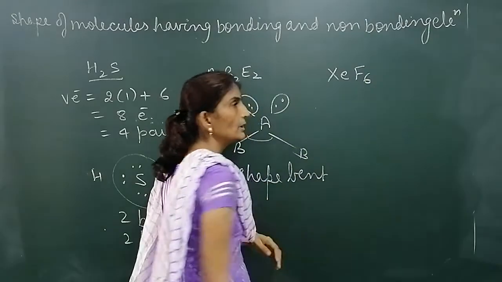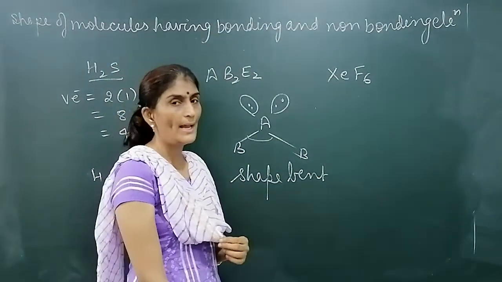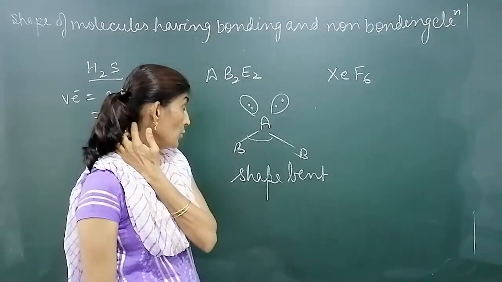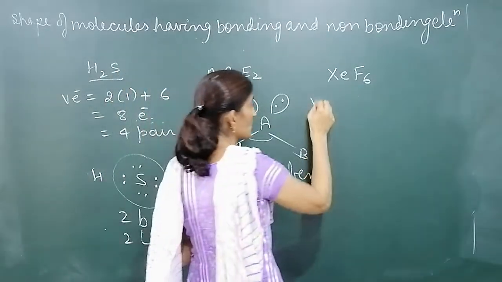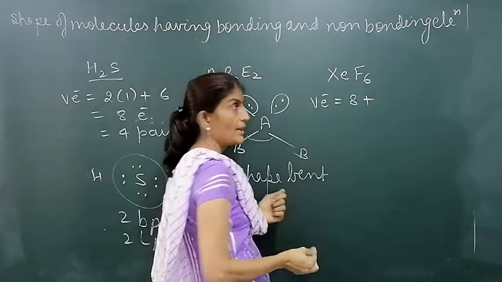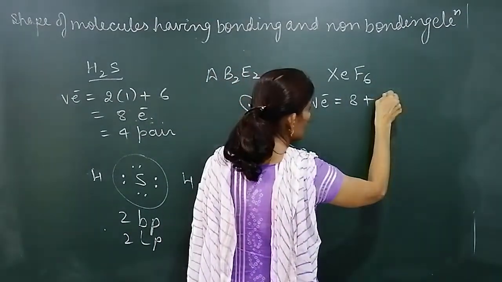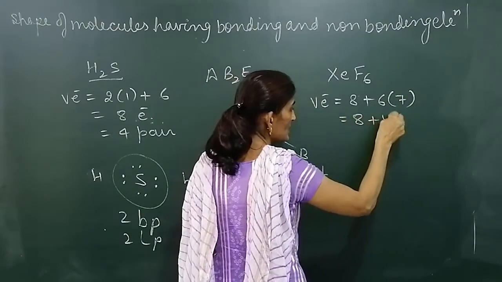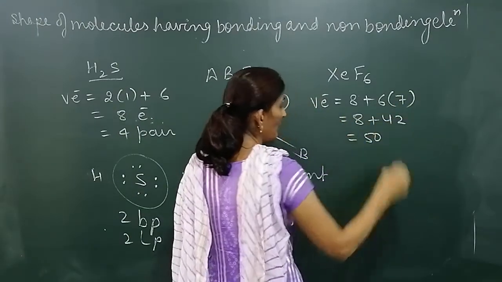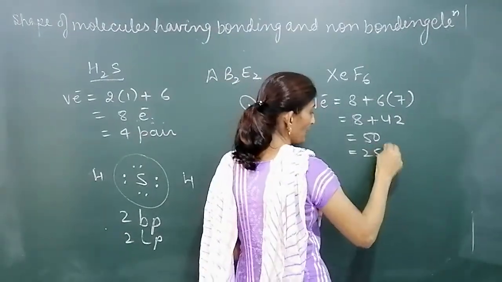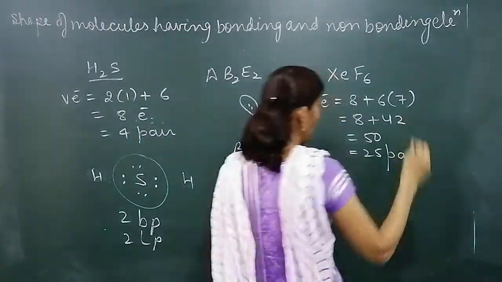Suppose we want to find out the shape of XeF6. First we'll find out the total valence electrons. Valence electrons in xenon is 8 because all inert gases have 8 electrons, and fluorine is 6 into 7, so 42. 8 plus 42, so total 50 electrons, that is 25 pairs.